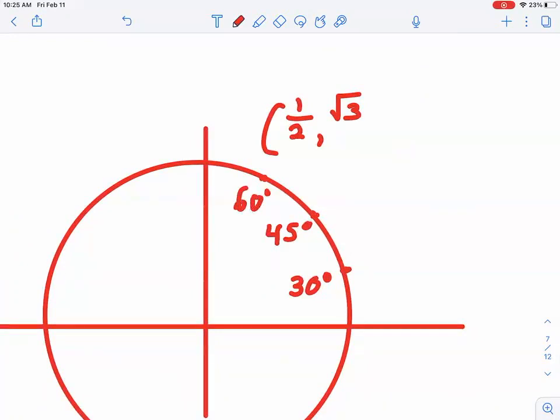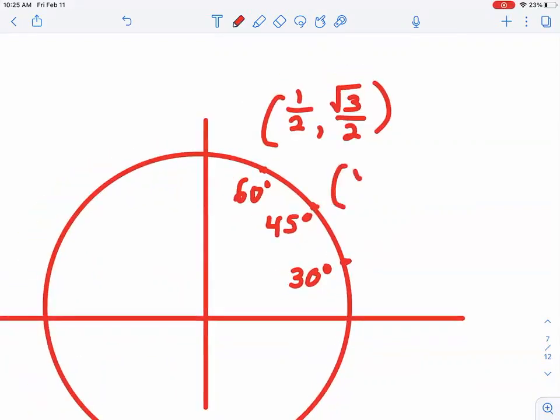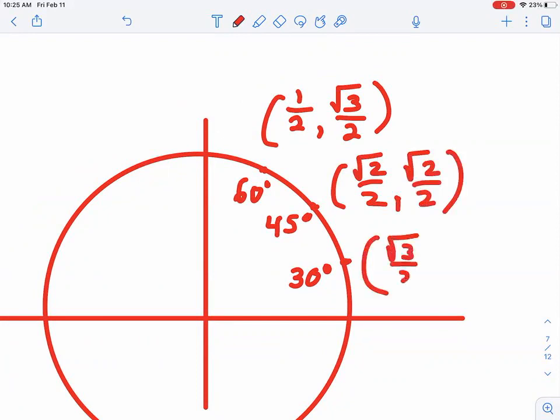Okay, so I have 30, 45, and 60 degrees. At 60 degrees, my coordinates are 1/2, √3/2. At 45 degrees, I have √2/2 and √2/2. And at 30 degrees, I have √3/2, 1/2.